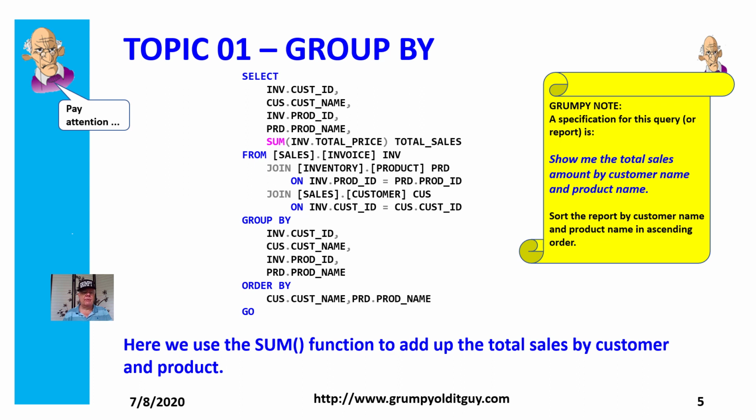Anytime we have some sort of an aggregate function like the sum function or any other function like count or min-max, then all the columns in the select clause, except for the column that we're doing the aggregations on, have to go in the group by clause. And then we just order the results by customer name and product name. So this is a plain vanilla group by clause. It's very basic, but it works.